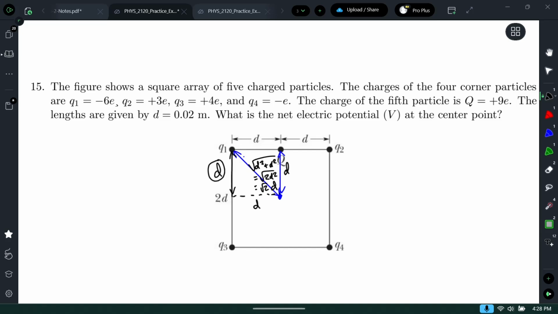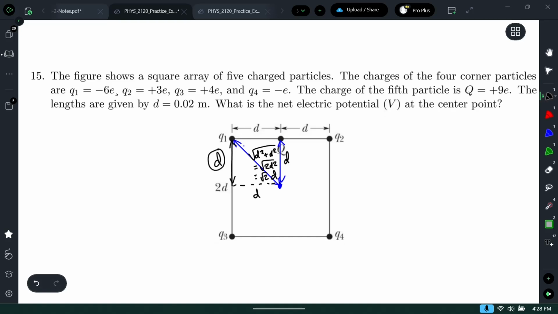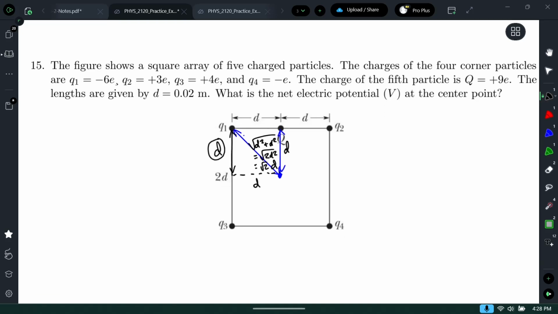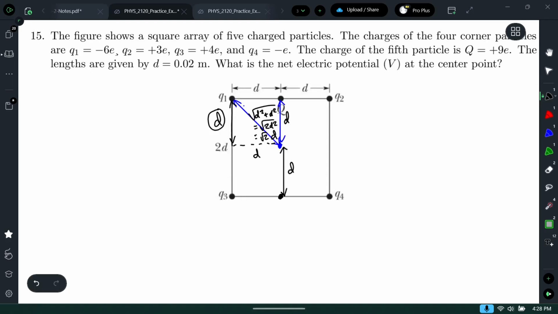Yeah. Okay. So just to give another case, it would pretty much be either D or square root 2D in this problem, because if there were another charge right here and we wanted to find its distance to the center point, that would still be D. But in general, it really is just think about where is your charge.